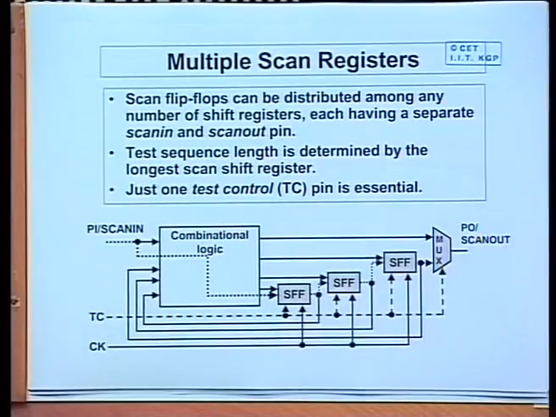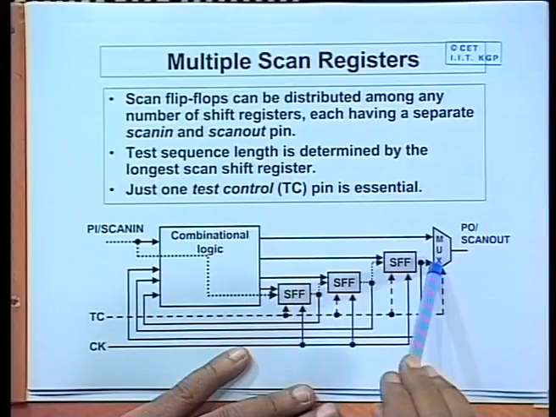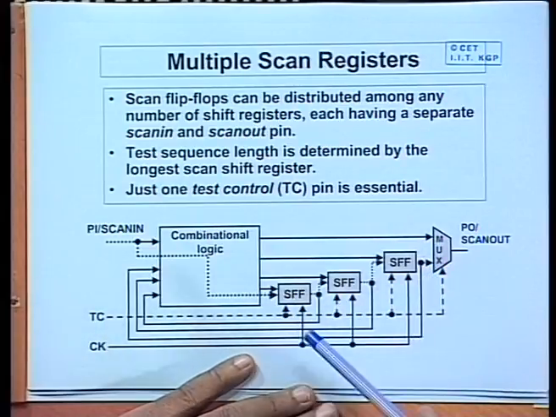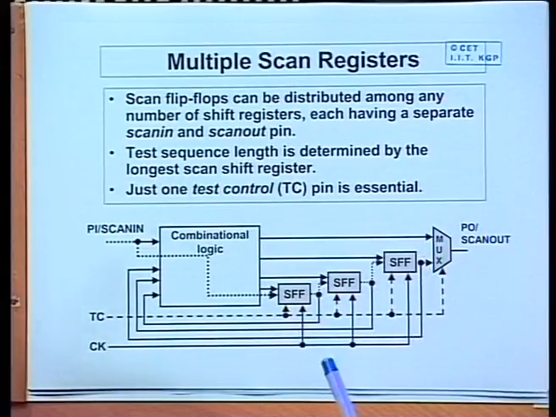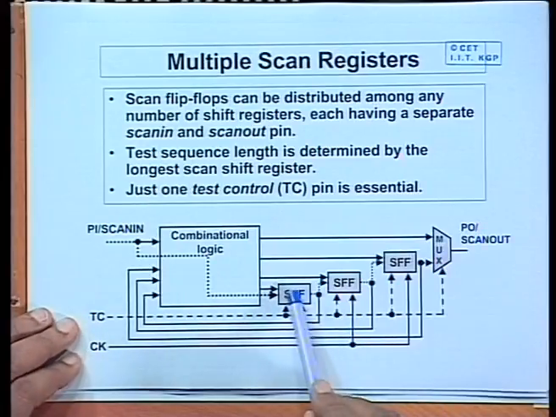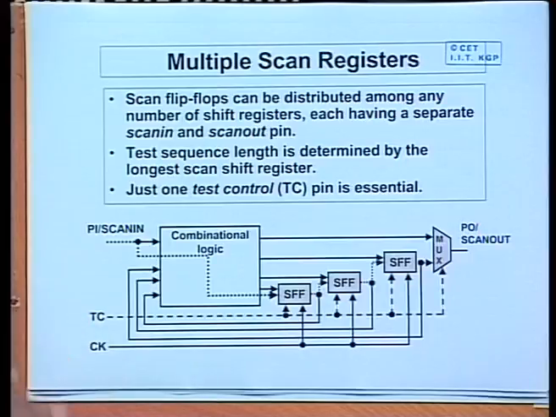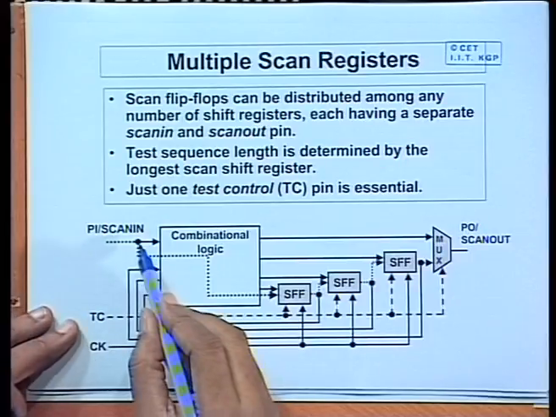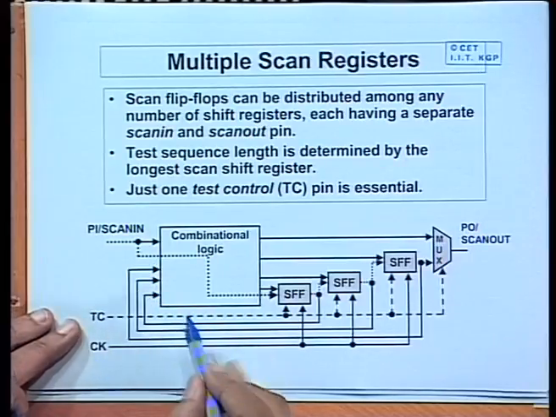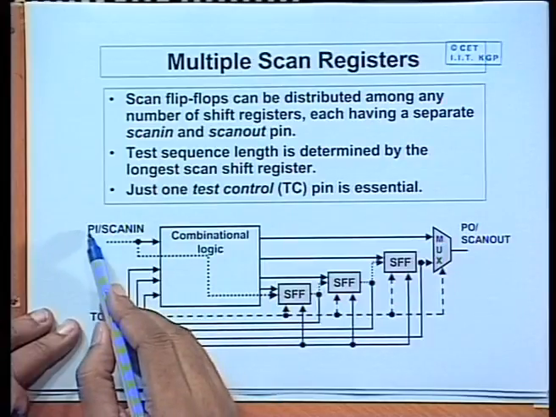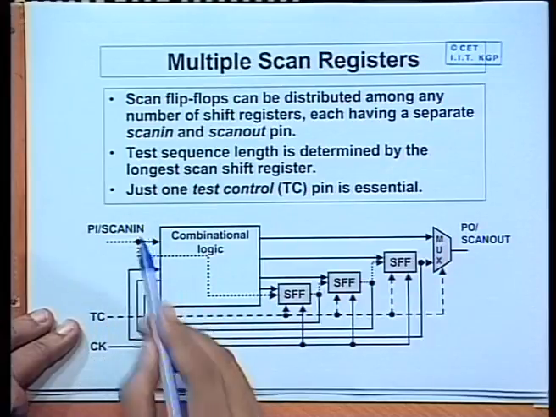So, if you want to have a multiple scan register kind of scheme, you can do something like this. Of course, here I have shown for only one scan register, but you can extend it to more. See, the first thing is that these are the scan flip flops, this is the test control feeding, and instead of having a separate scan in line, you have one of the primary input lines acting as the scan in.